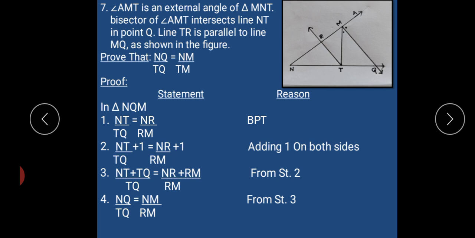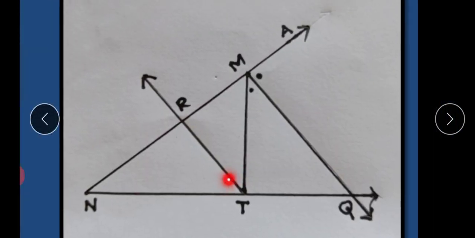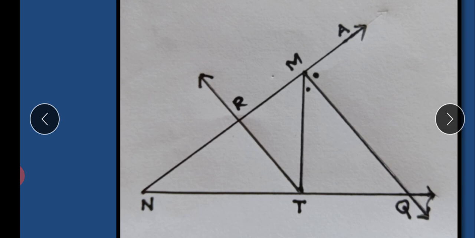Okay. Now here in just 4 steps, we got 90% of the proof. What is left is also very important. For that we will go to the figure. Yes, MQ is the angle bisector, so we have this angle equal to this angle. Now look at angle AMQ.